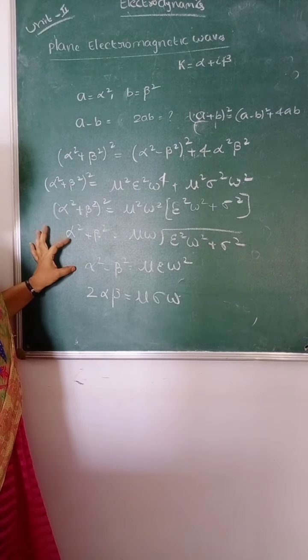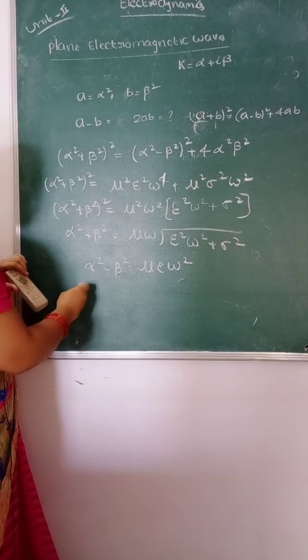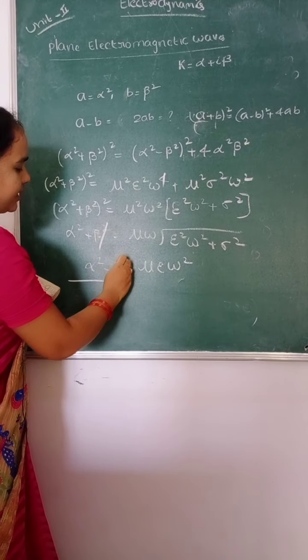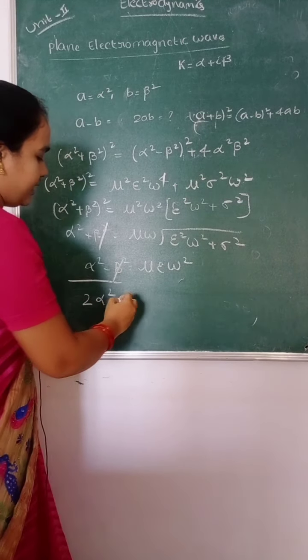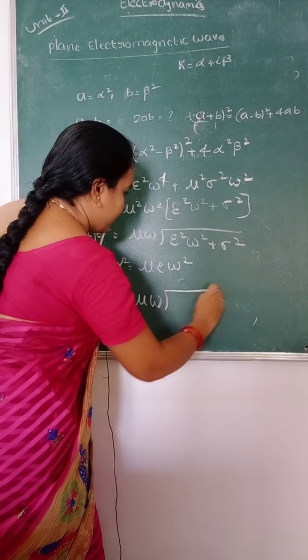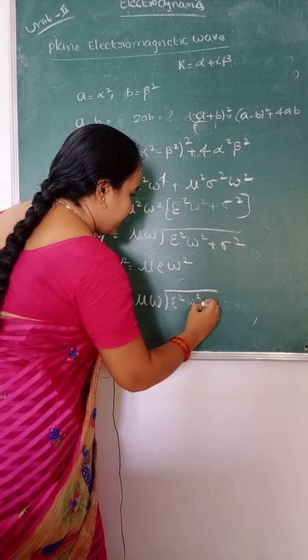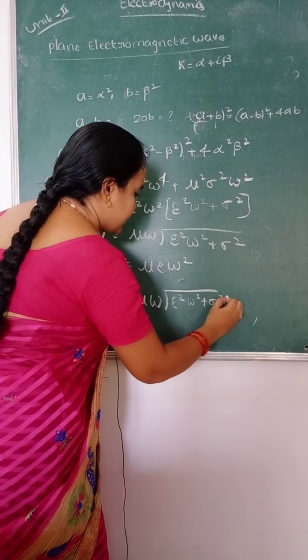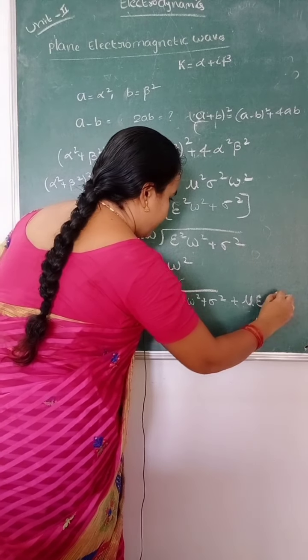Then if you add these two terms, beta square gets cancelled and you get 2 alpha square. Here, mu omega root of epsilon square omega square plus sigma square, plus mu epsilon omega square.